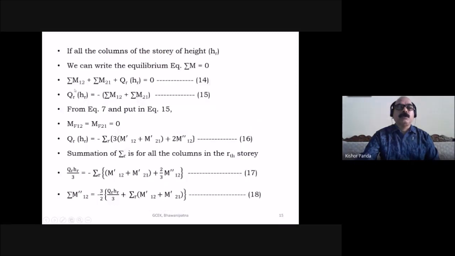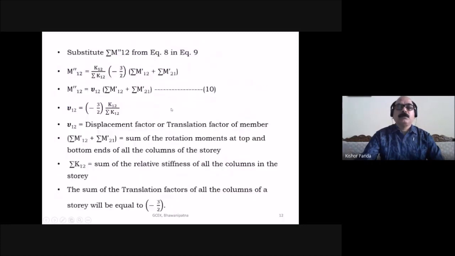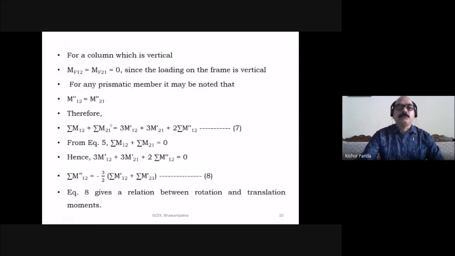This is already discussed. Summation of M12 plus summation of M21 plus QR HR is equal to 0. In the story, this is the formula. So QR HR is equal to minus summation of M12 plus summation of M21. Then from equation 7, put in equation 15. You know this is equation 15, and from equation 7, the summation of M12 plus summation of M21 is equal to this one.